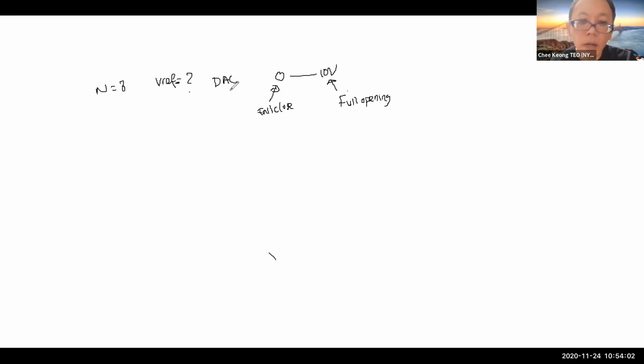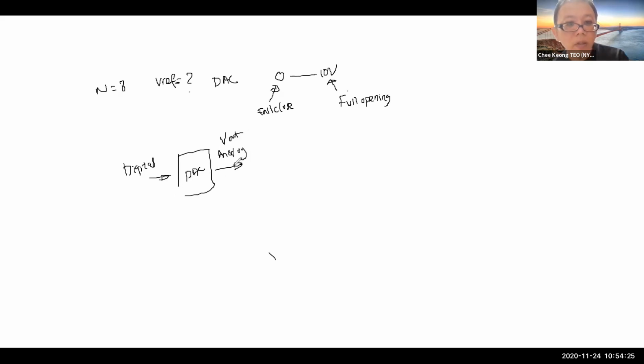The DAC has digital in and analog out, and this analog out is V out, which is used to control your valve. So at maximum voltage, that means fully open, the V out must be equal to 10 volt.